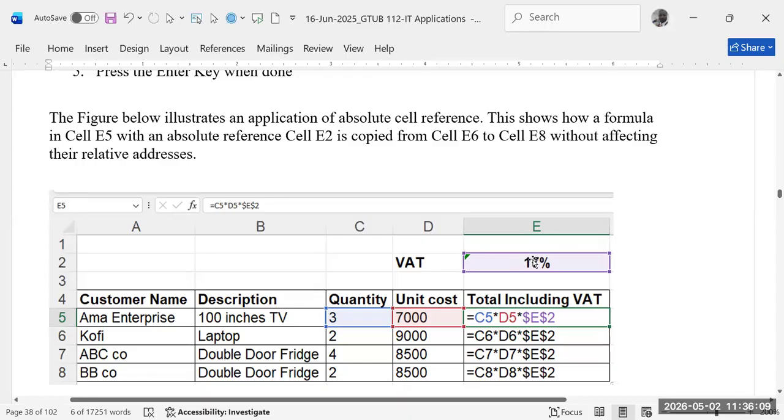For example, we have typed 17%, and the 17% times this quantity gives you this 17%. And this means when you copy the next one with that absolute, here is C5, which is this one, times D5, which is this, times 17%, which is E5.